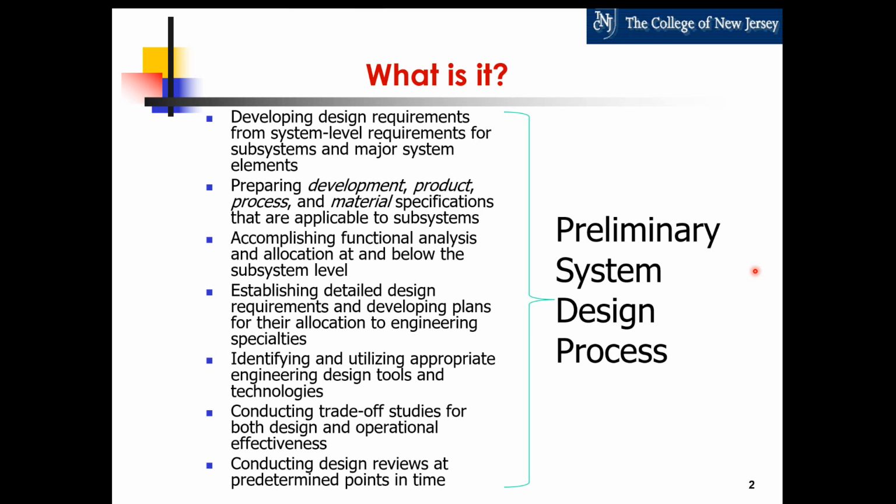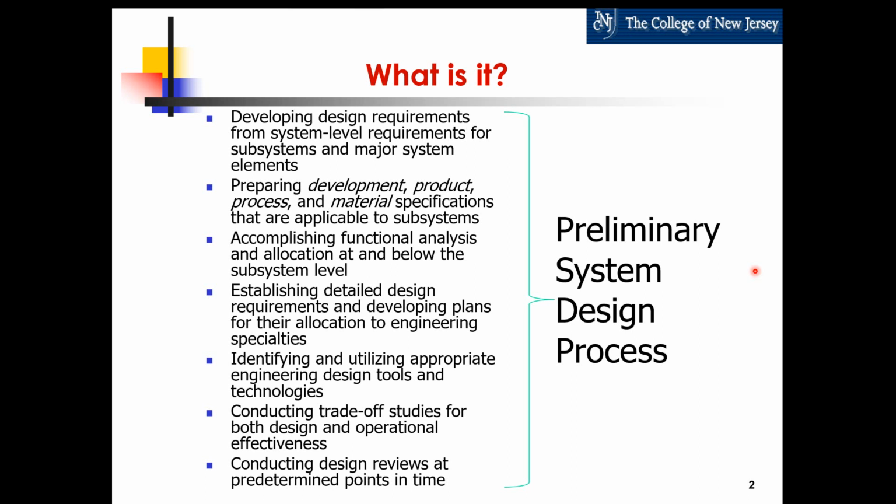And just like we did functional analysis and allocation during the conceptual system design, we're going to do that also for all the subsystem levels. And through the additional specifications that we're going to discuss, we're going to be able to set up the baselines for more detailed design that we're going to discuss in chapter 5.